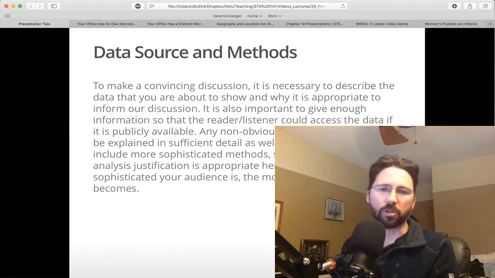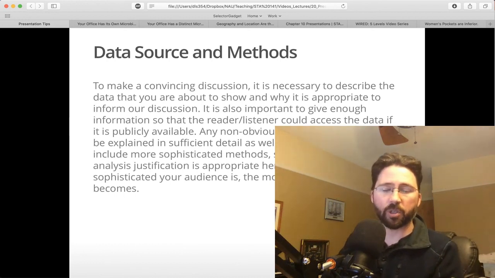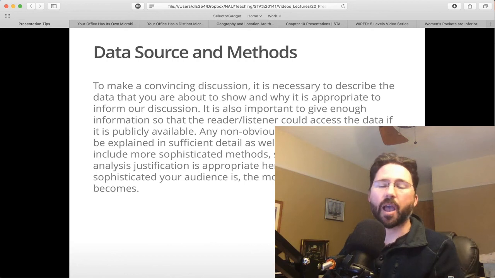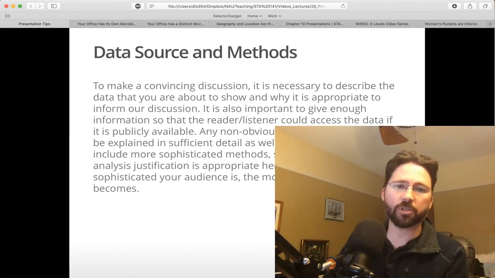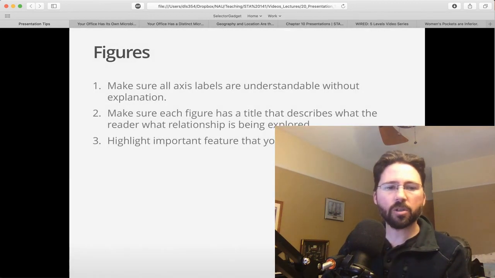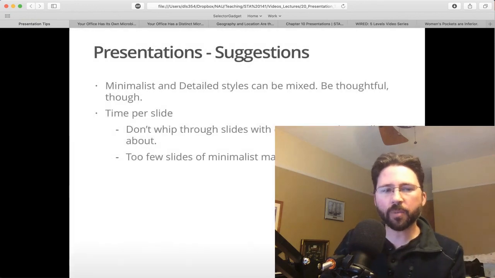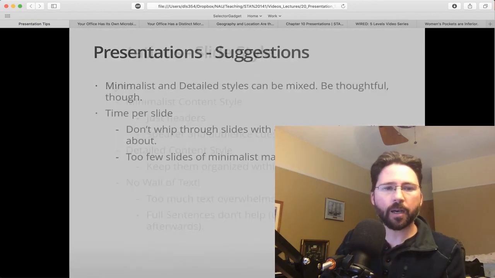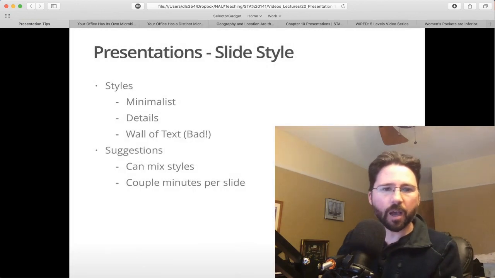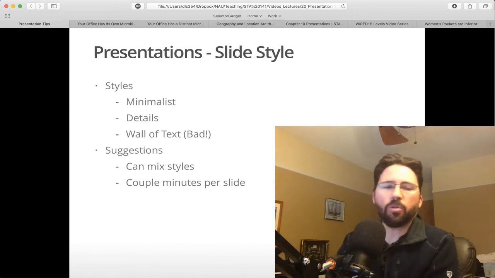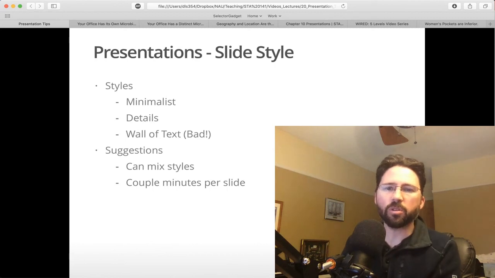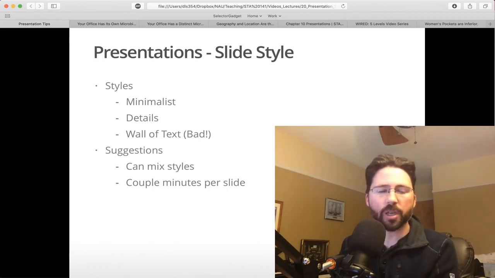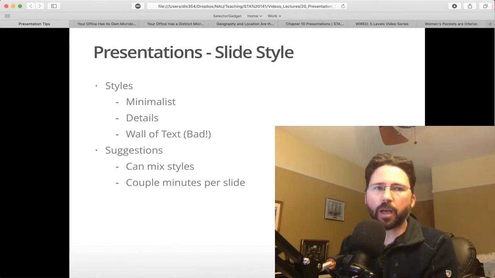When you are thinking about your slide styles, I tend to think about having enough detail that it makes sense to someone who's looking at your slides afterwards. I'll make the mistake of having maybe a little bit too much information on my slides, but then when I post my slides or someone else is going through my presentation slides afterwards, things actually make sense.